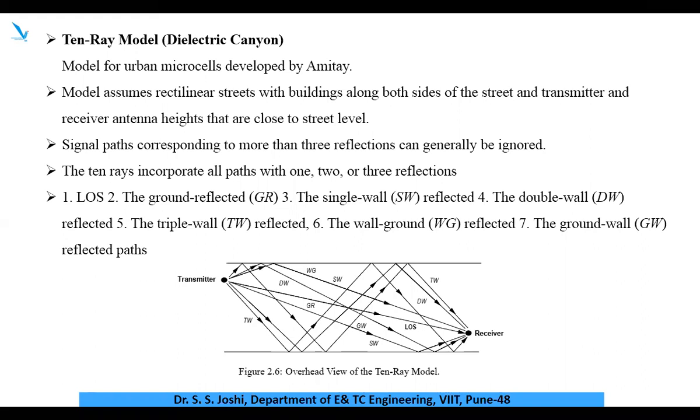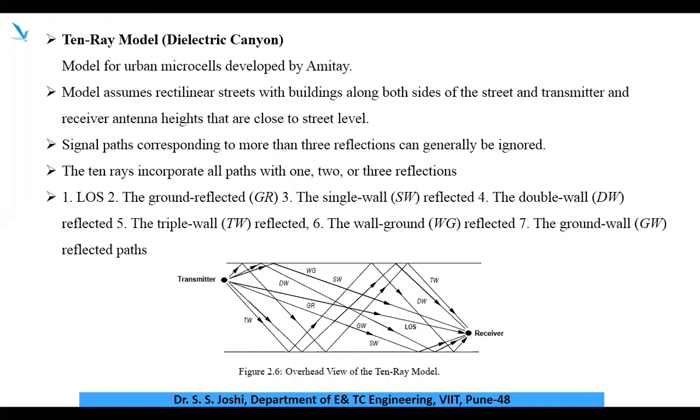So what is the impact of that? How to model this? How to write the equation for this? We have to consider all these effects by considering the individual delay in that particular environment. When we say multiple paths, that means multipath and multiple reflections. If the number of reflections is greater than 3, what happens?